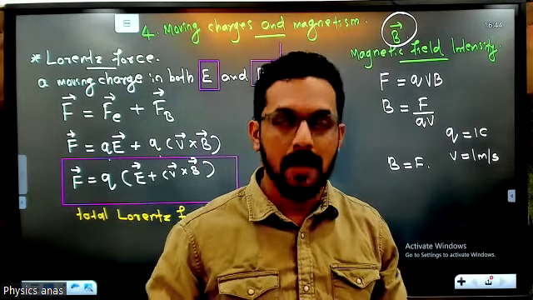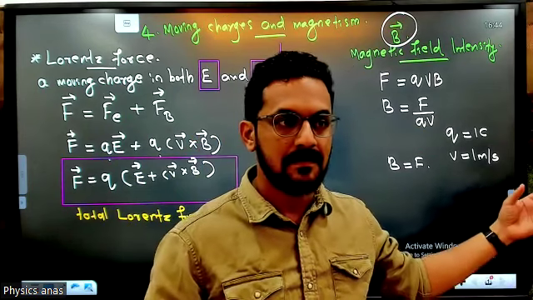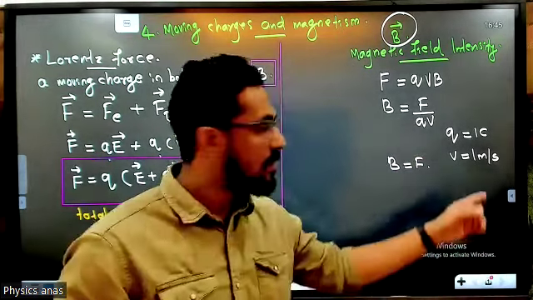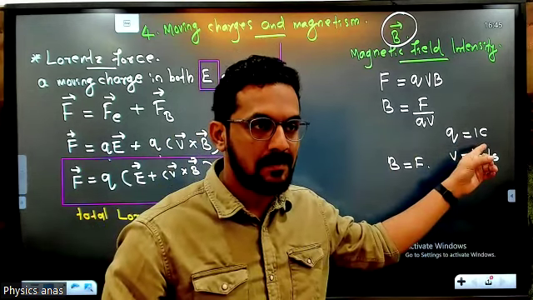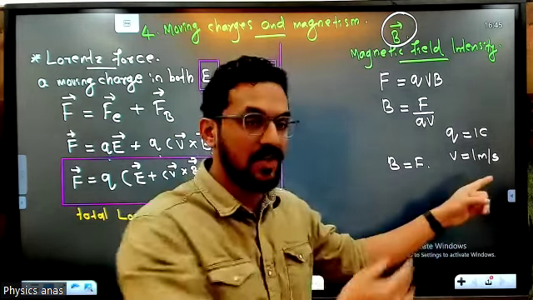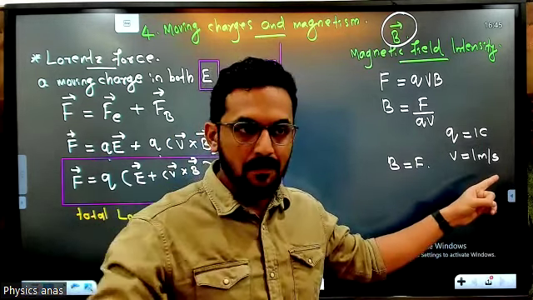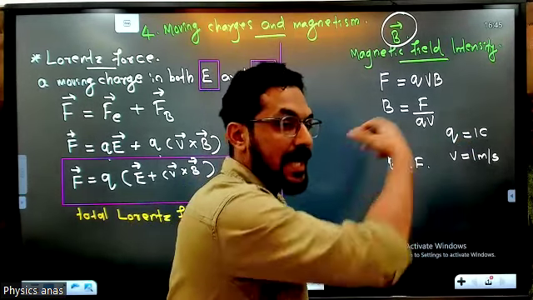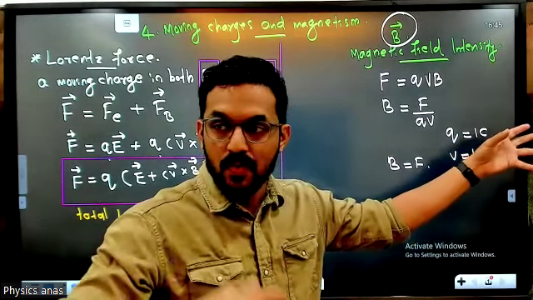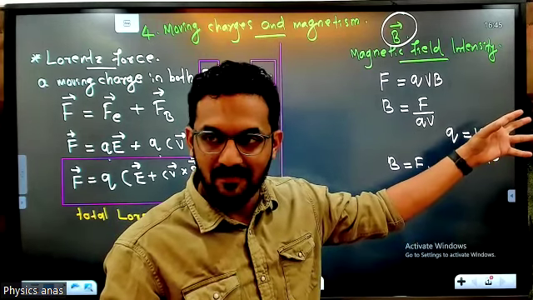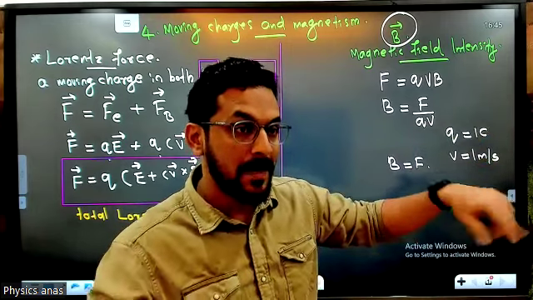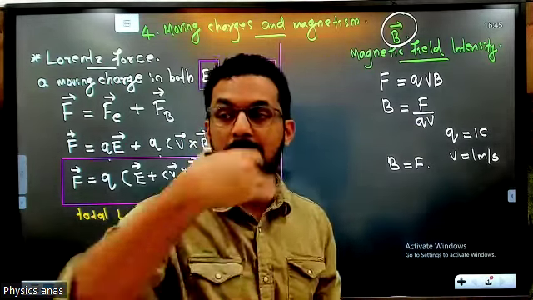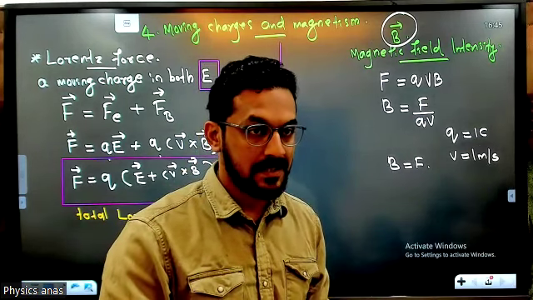It is the magnetic force acting on a unit charge with the unit velocity, moving perpendicular to the field, or entering perpendicular, right? So that will be B.